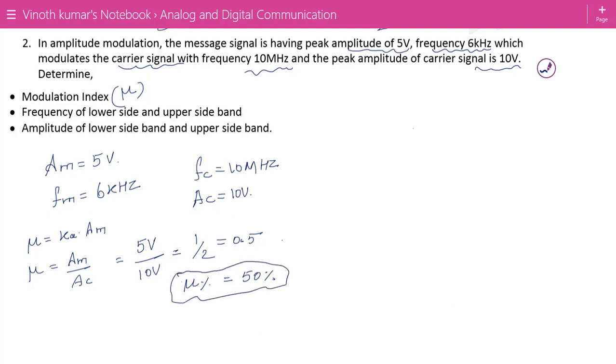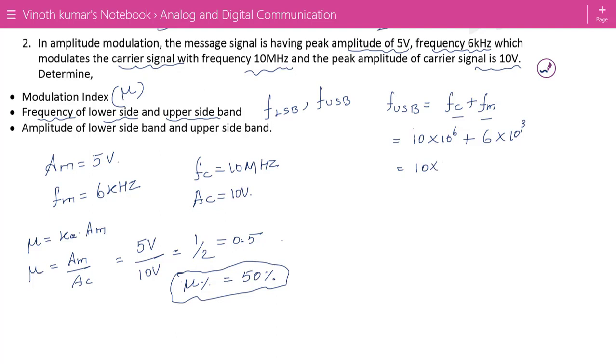And the next term, we need to find the frequency of lower sideband and upper sideband. So the frequency of upper sideband is expressed as fc plus fm. So we know the fc and fm values. fc given here is 10 megahertz, that is 10 into 10 to the power 6, plus fm is 6 kilohertz, 6 into 10 to the power 3.